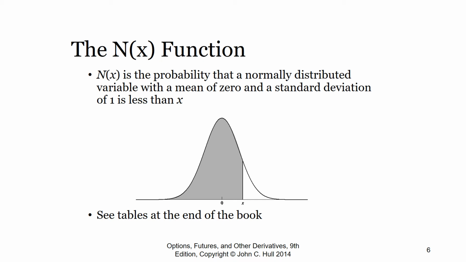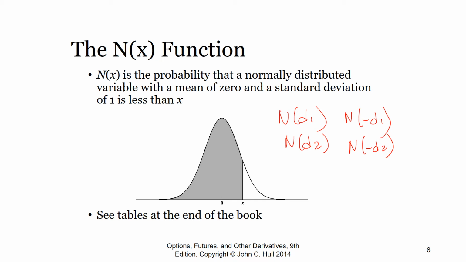Now, the last thing I haven't explained in the formula is N(D1), N(D2), and N(minus D1), N(minus D2). And I said you don't need to worry about this because it will be given to you in the question.